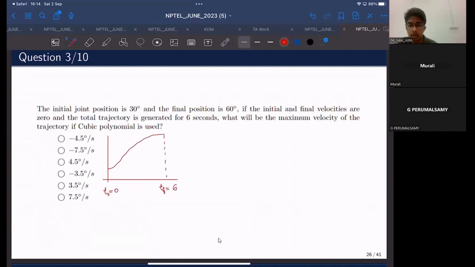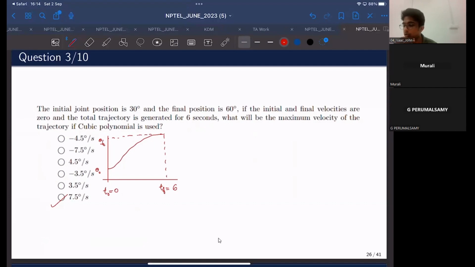Perimal Sami has given the answer to be 7.5. But can you explain how you got that answer? Our initial position is given as theta 0. Our final position is given as theta f. How did you get it to be 7.5?